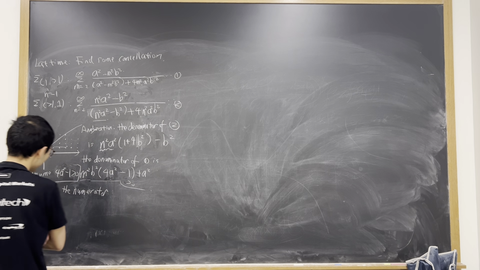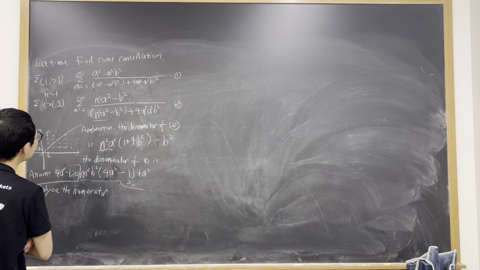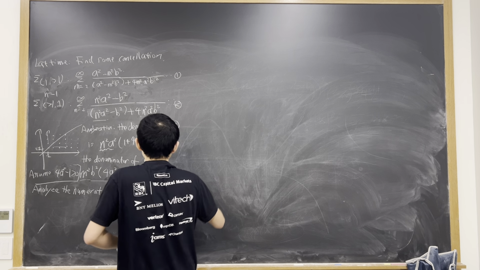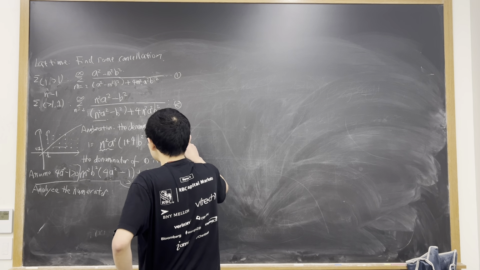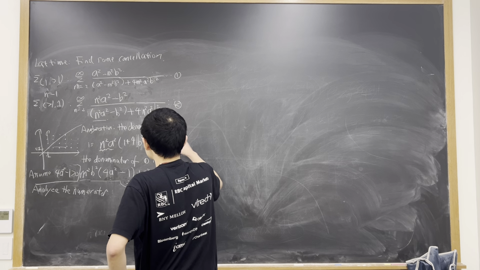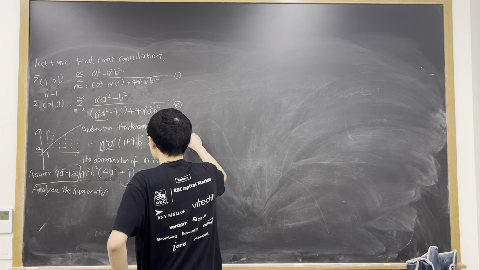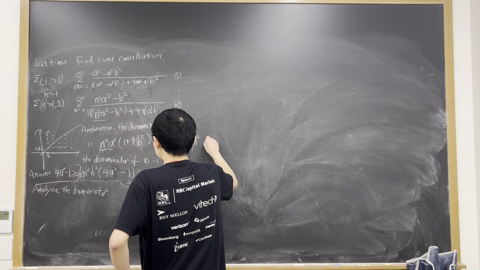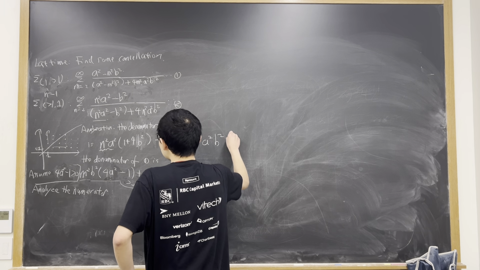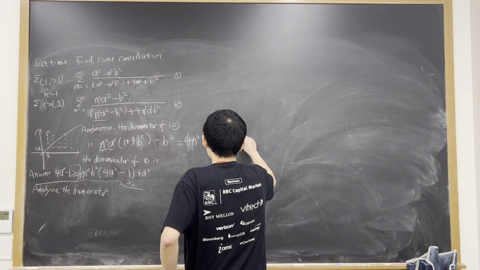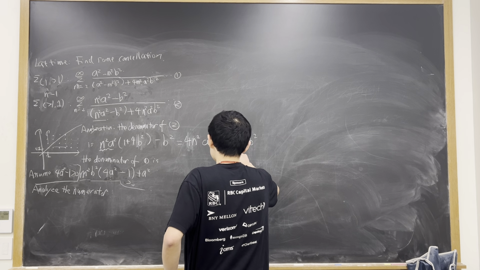So let me just try this. Analyze the numerator. Let me change this one to the n squared. So here I said 4 n squared a squared b squared plus n squared a squared minus b squared.